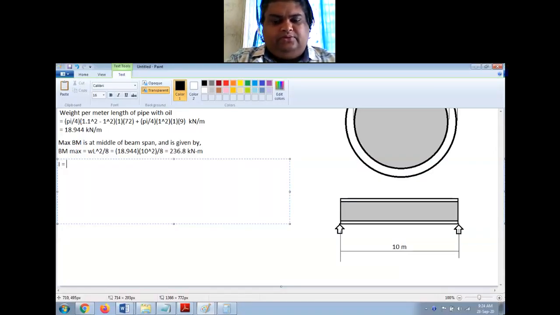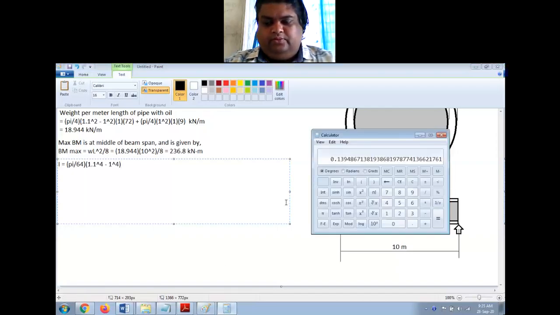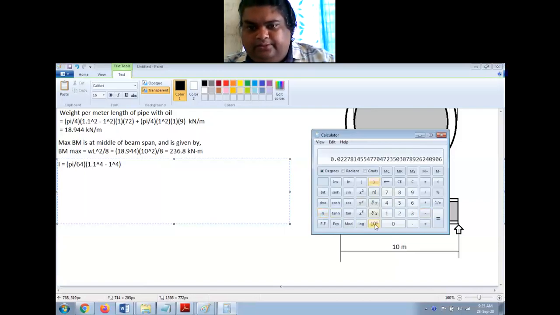I is equal to pi by 64. I'll directly put the values now. 1.1 raised to 4 minus 1 raised to 4. 1.1 raised to 4 minus 1, into pi by 64, right?